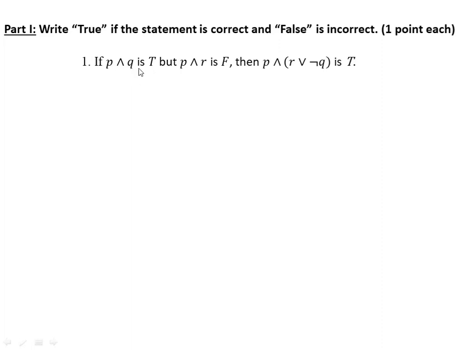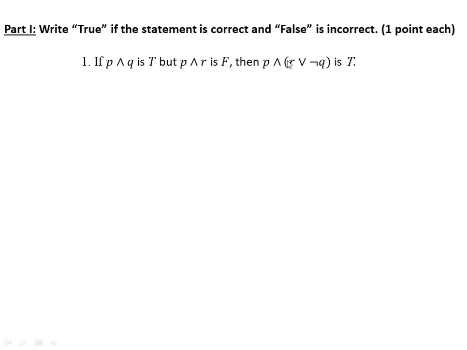Therefore, P and Q are both true. And here we say that P and R is false. From this, P is true, therefore true and R is false. Then simply, the value of R should be false, because P is true. Therefore, P and Q are true and we obtain R is false.